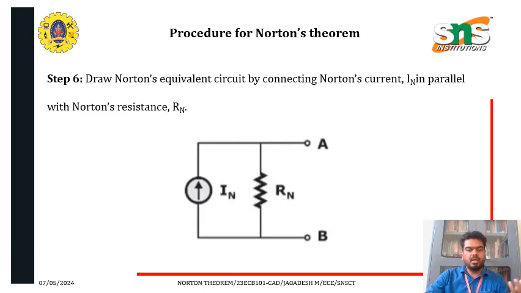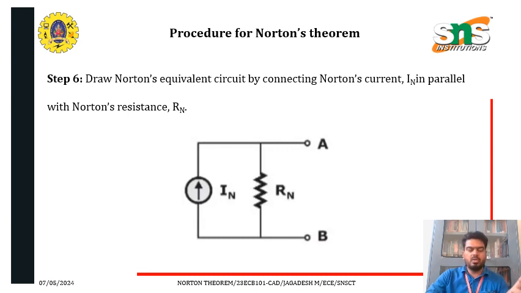So the Norton equivalent circuit, as we see in the first slide itself, has IN and RN. By following the steps we taught in the previous slides, step 1 up to step 5, at step 6 we can finally convert the complex network into a simplified network like this.